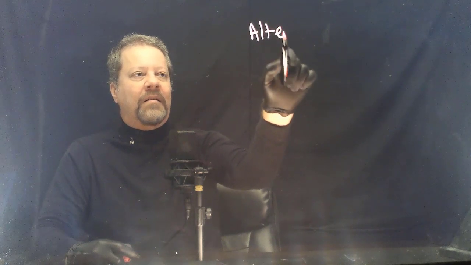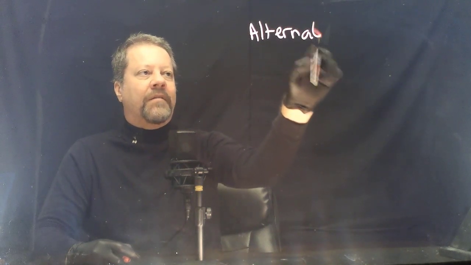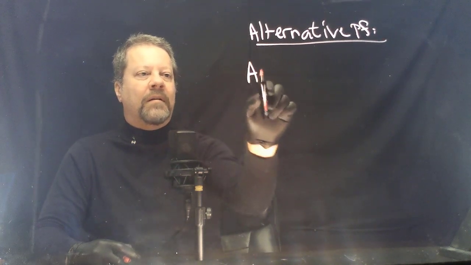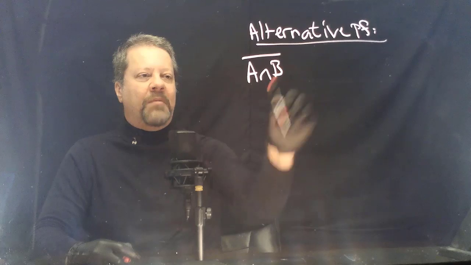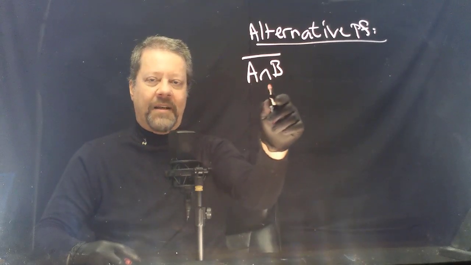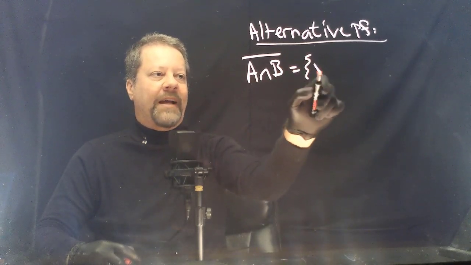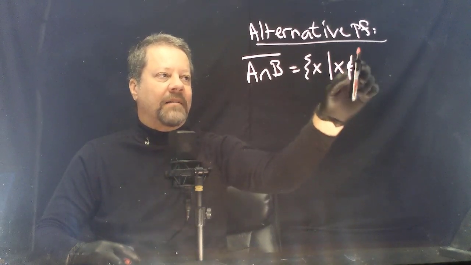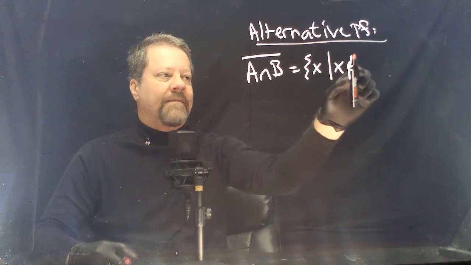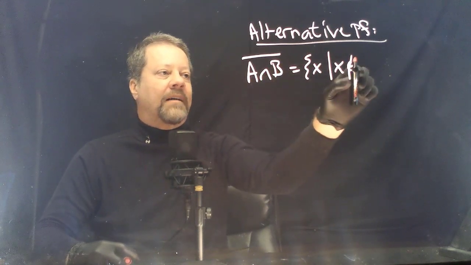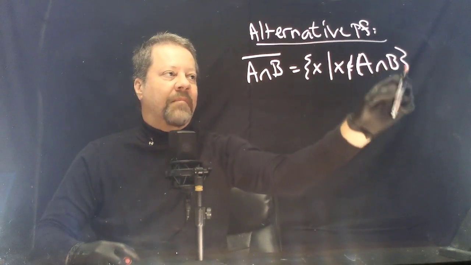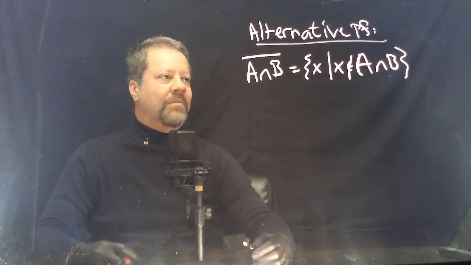We can give an alternative proof that might be a little more efficient. The complement of A intersect B is the set of all X such that X is not in the intersection A intersect B. So what does that mean?